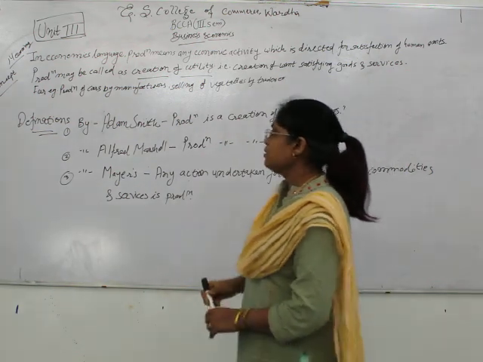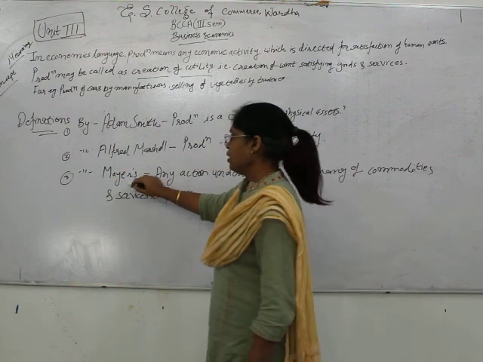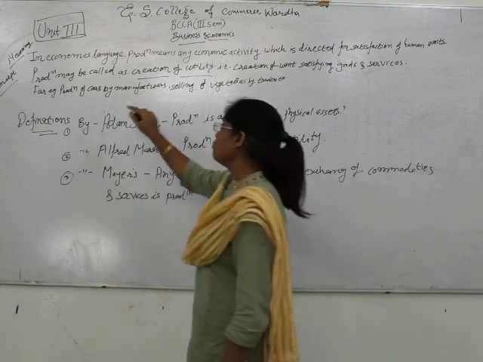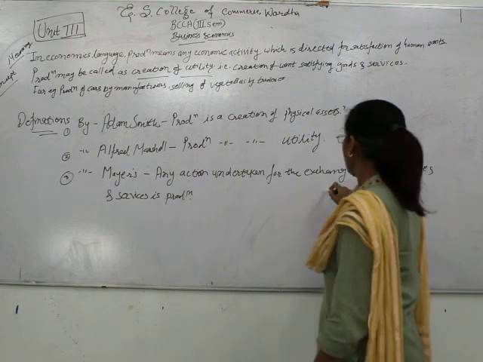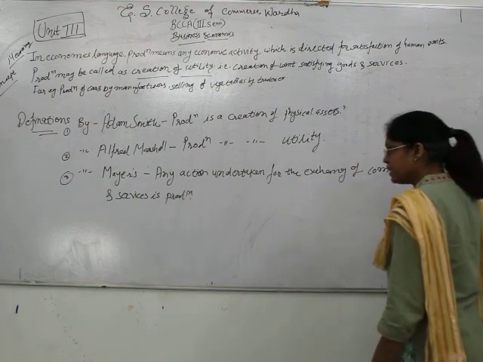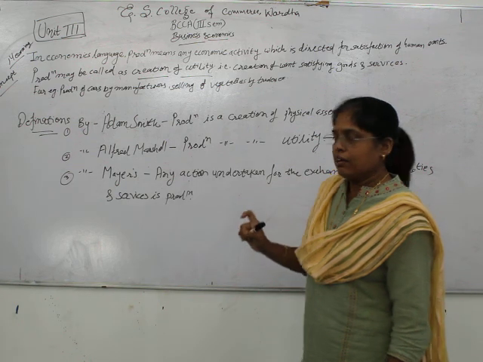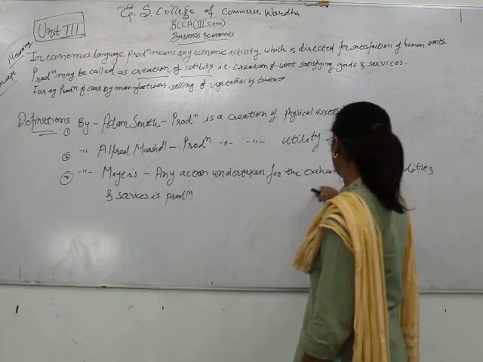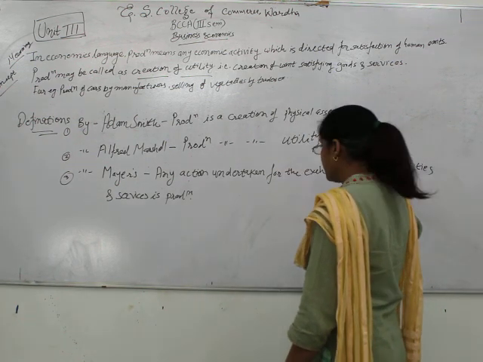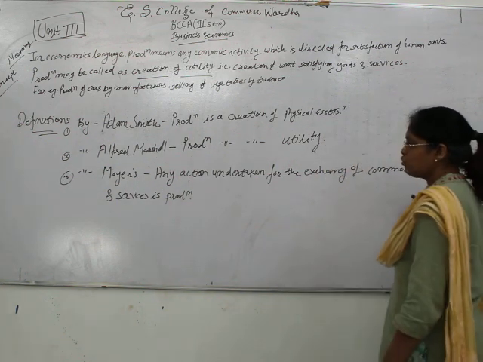Then another economist, his name is Mayer. In the words of Mayer, the word production means any action undertaken for the exchange of commodities and services is production. See, in different words, he has said any action undertaken for the exchange of commodities. As we have seen in business, it is exchange of goods and services.